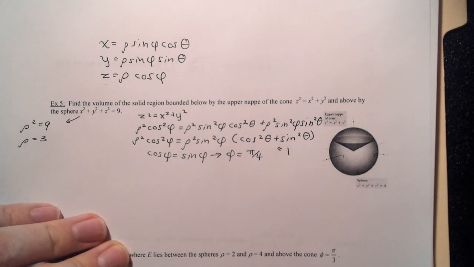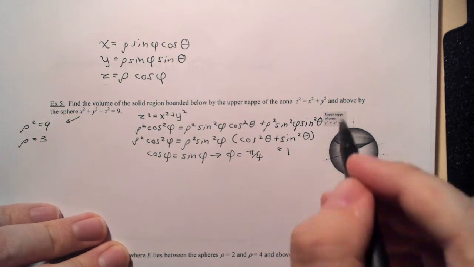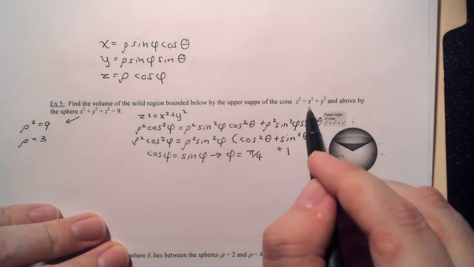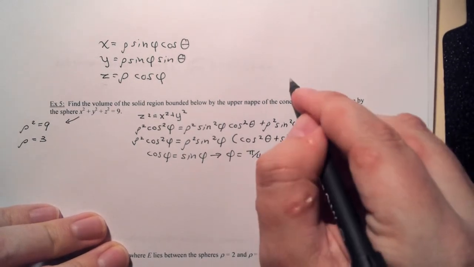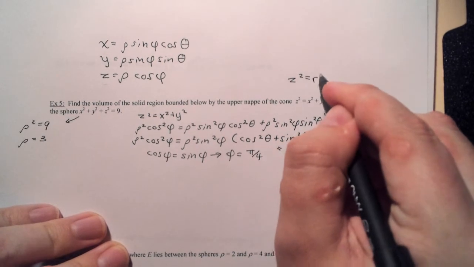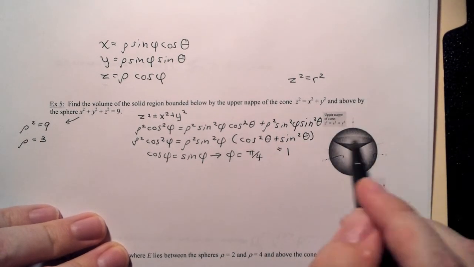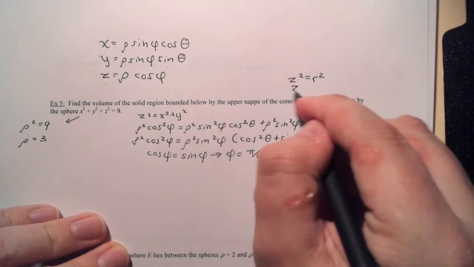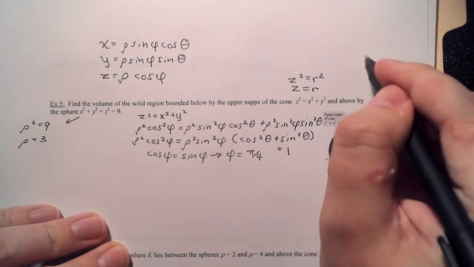which implies that phi is pi over 4. And that's a long, detailed derivation. A quicker derivation, which might not be as easily accessible: if you think about polar or cylindrical coordinates, we know that z squared equals x squared plus y squared actually means that z squared is equal to r squared. Once again, since I know I'm above the xy plane, I know that z must be positive, so z would equal r.